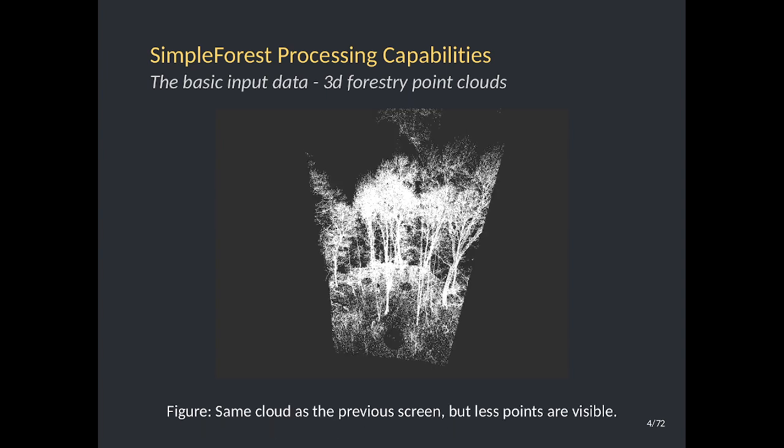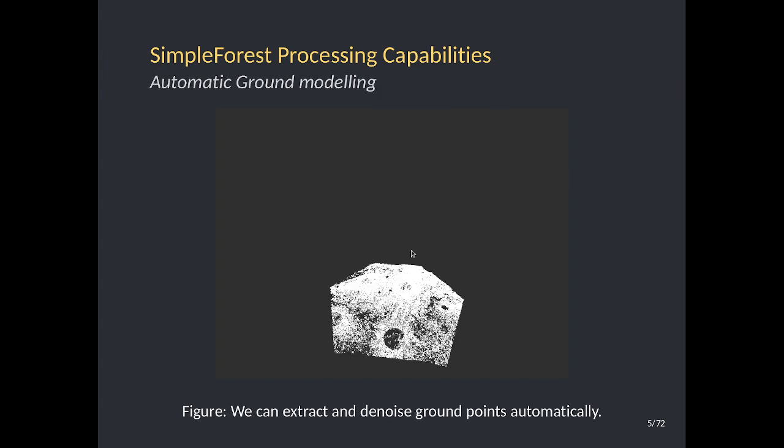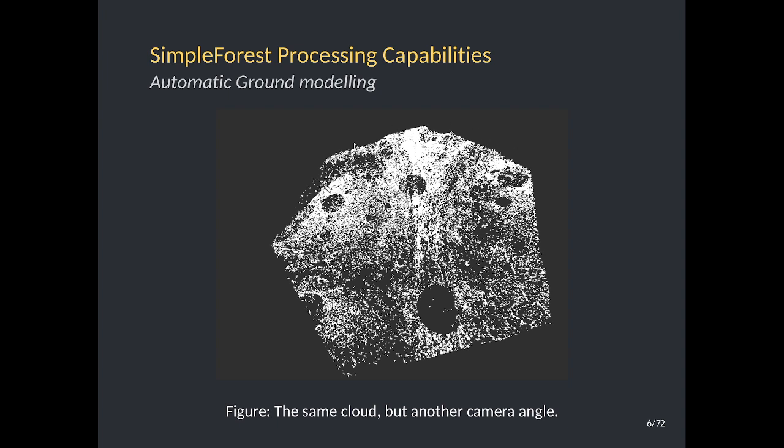So this is the same point cloud, and we can perform filters with SimpleForest. In the next step we will filter the ground points, and we can zoom onto the ground points, and everything is fully automated.